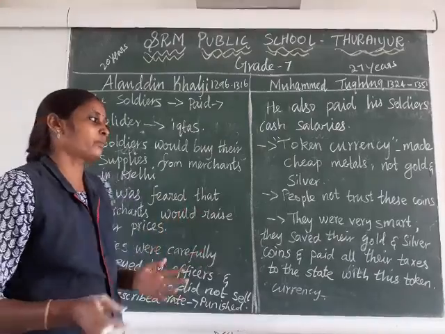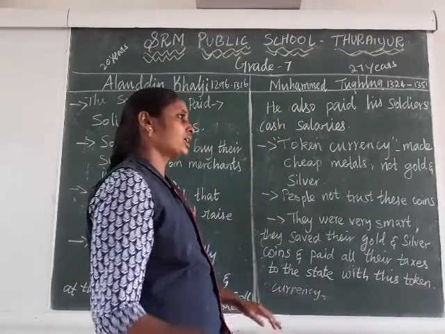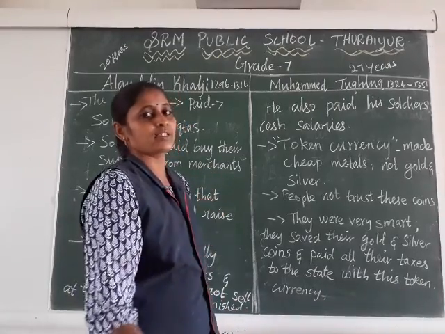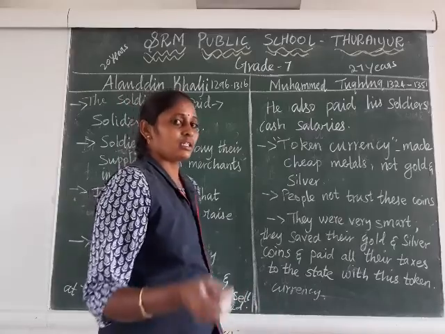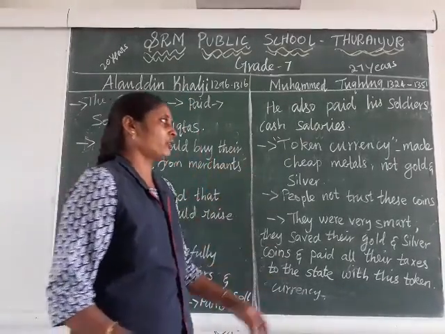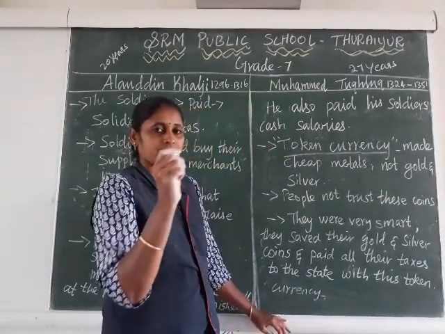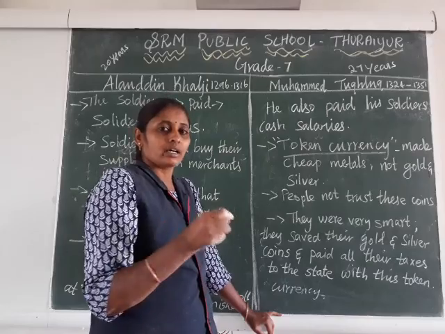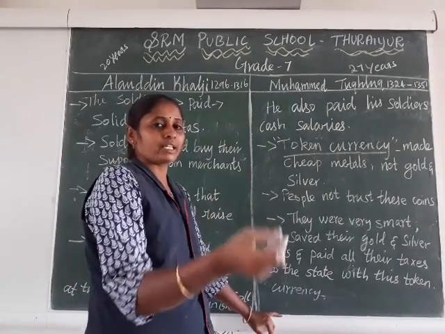But what happened in the Tughlaq period? He also paid salary to his soldiers in cash, but instead of the ikta method, he followed the token currency method. He was the first to introduce a currency system in India. In that respect he was very genius.